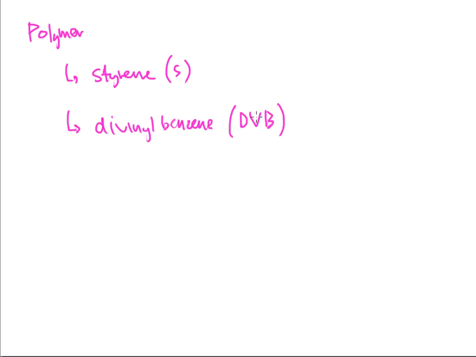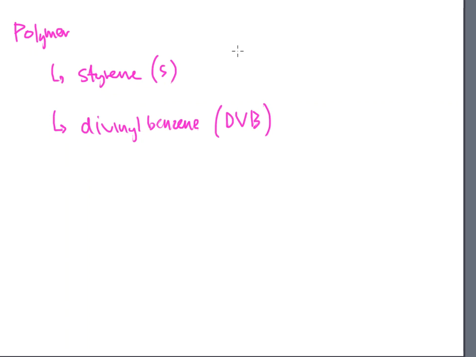Now let's talk about structure for a minute. If you have taken organic 2 at this point, styrene and divinyl benzene are probably molecules that you've been acquainted with. Actually, if you were in one of my organic classes, you would have memorized the structure of styrene at this point, along with a handful of other benzene-related structures that are pretty important. If I take a look at styrene, it is a benzene ring.